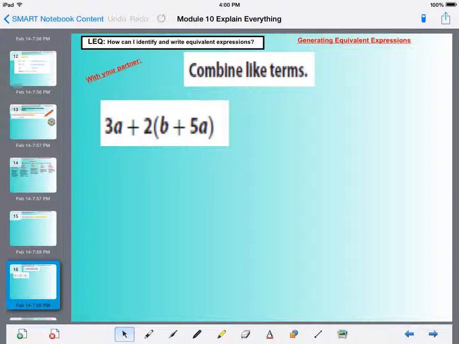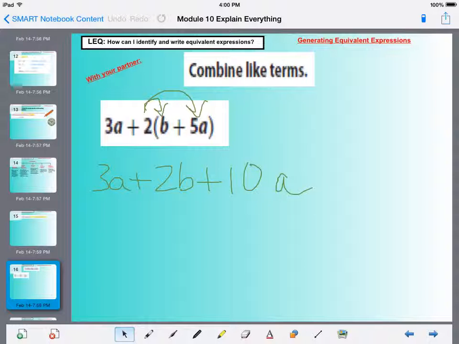So when we're asked to combine like terms, again, I should be thinking about the distributive property when I see these numbers on the inside of the parentheses and this number on the outside. So I'm going to bring down my 3a plus, I'm going to take this 2 and multiply it by everything inside the parentheses. 2 times b is 2b, plus 2 times 5a is 10a. Now I'm not done because I can combine some like terms here.